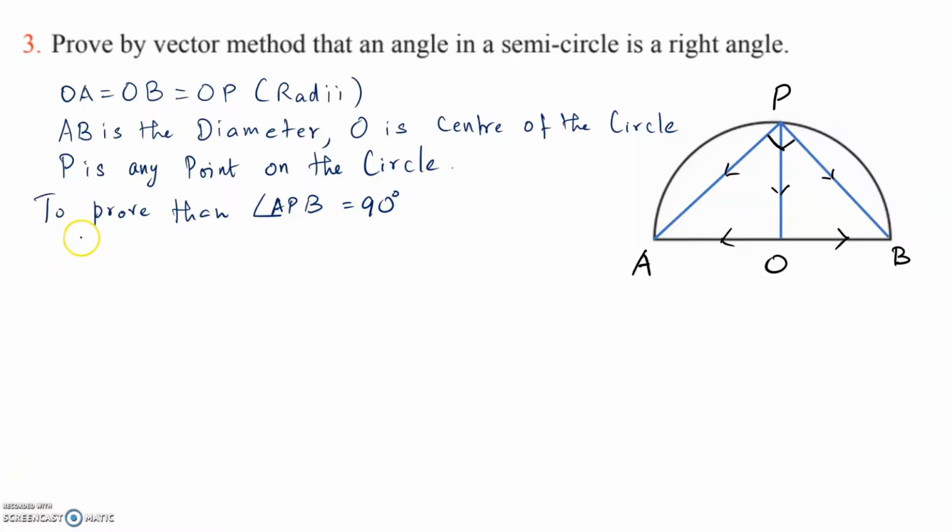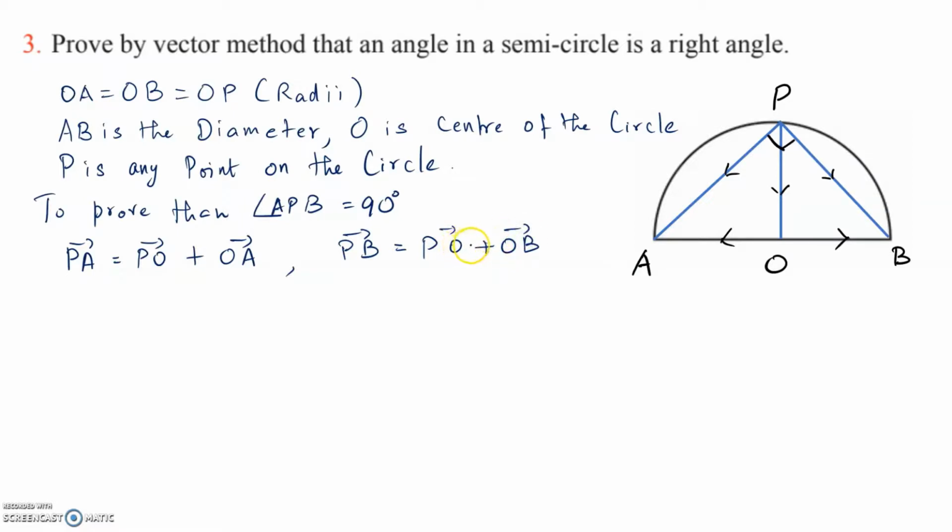So our vector PA can be defined as vector PO plus vector OA. Similarly, vector PB can be defined as PO plus vector OB.